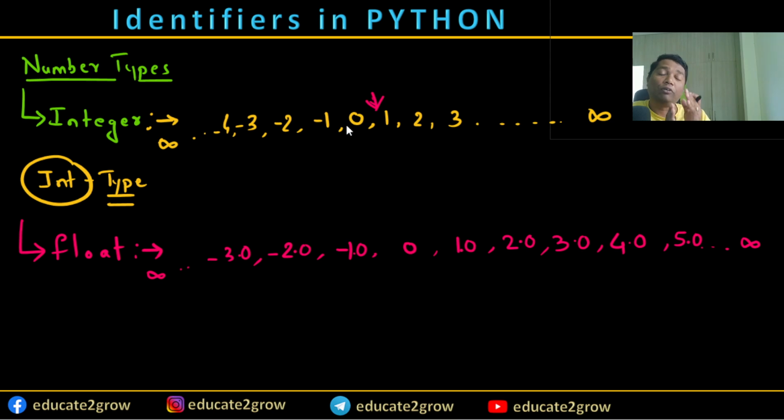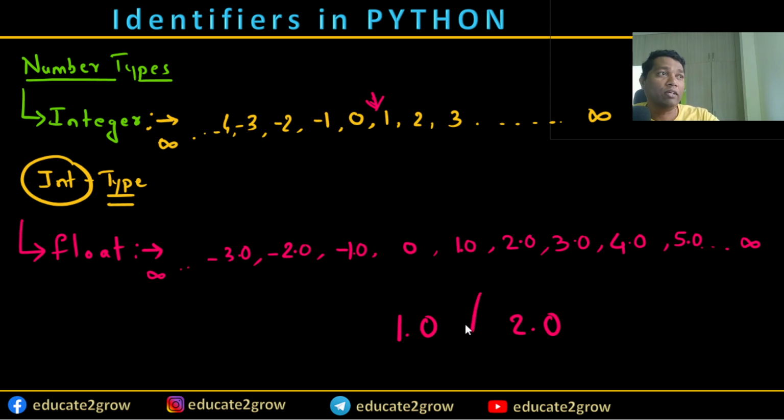Integer always goes with the whole number, 1, 2, 3, 4, 5, 6, the round numbers. Okay, there are no decimals. But float is not like that. It will read 1 also, it will read 2 also, but the representation is always like 1.0, 2.0, with decimal positions.